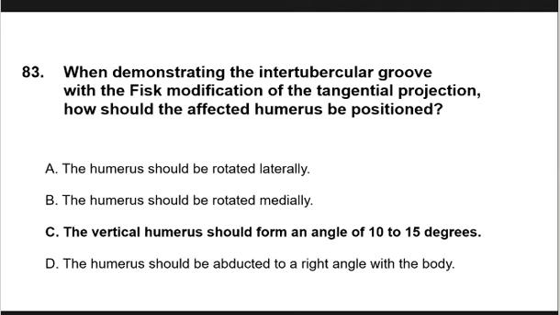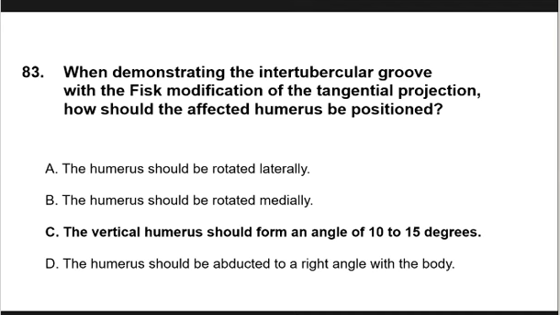When we say axial, the central ray angulation is 10 degrees or more; there is a longitudinal angulation of the central ray by 10 degrees or more. When we say tangential, the body part is being angled.